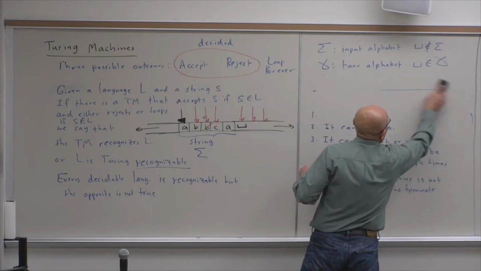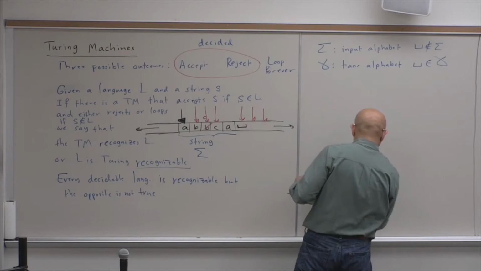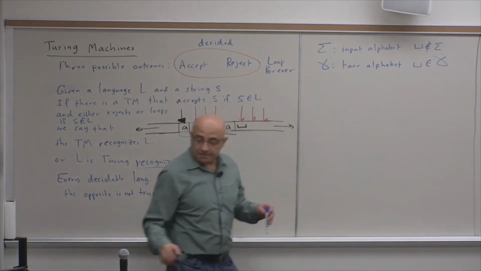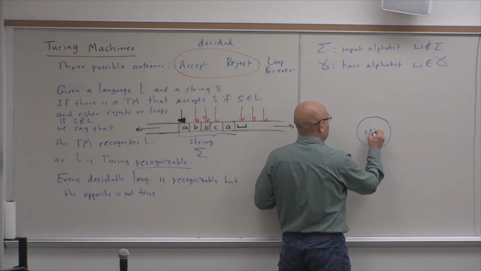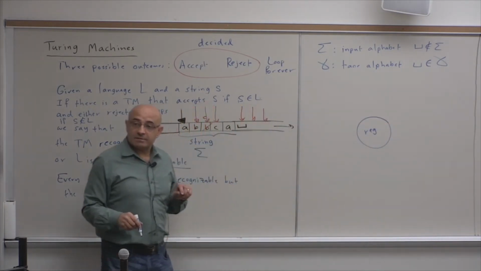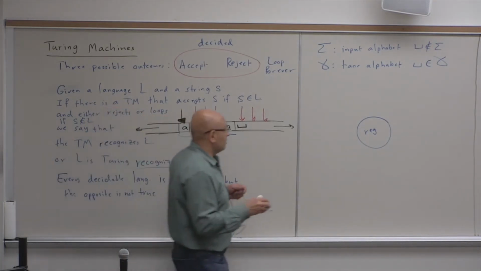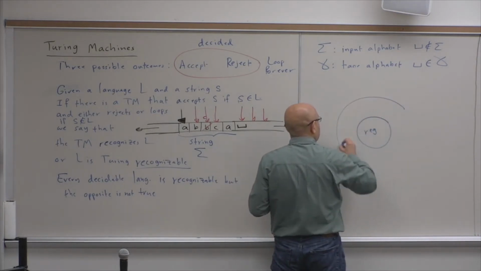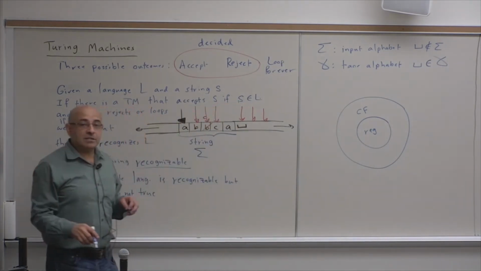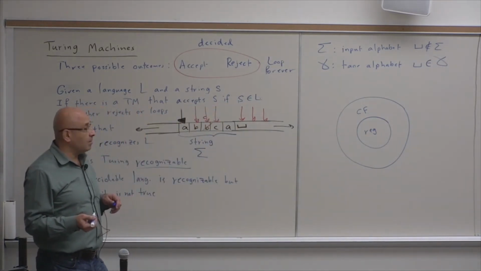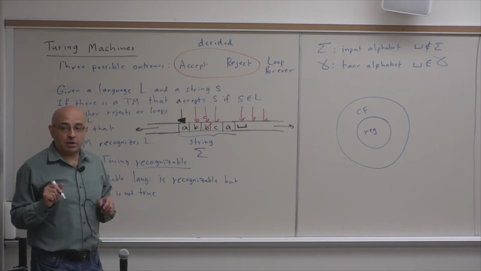So now, after introducing this, let me draw the hierarchy of languages. We have the smallest set that we started with, which is regular languages. These are the languages that can be recognized using a finite automaton. And then we introduced the set of context-free languages, the languages that can be recognized using non-deterministic push-down automata.